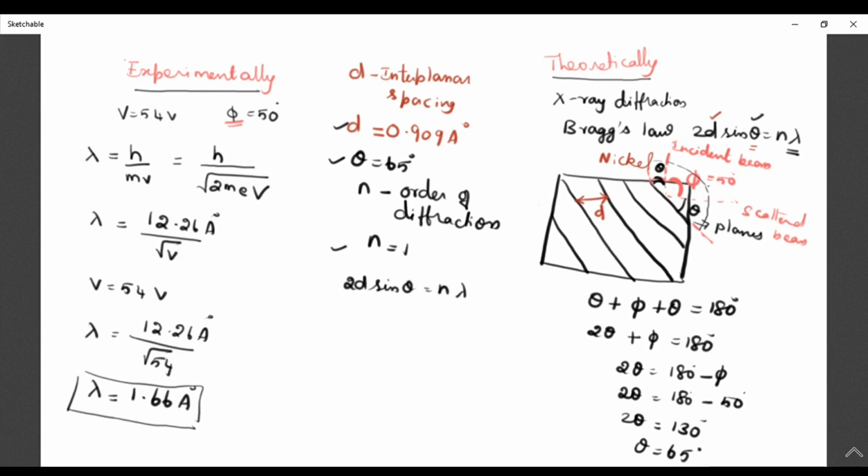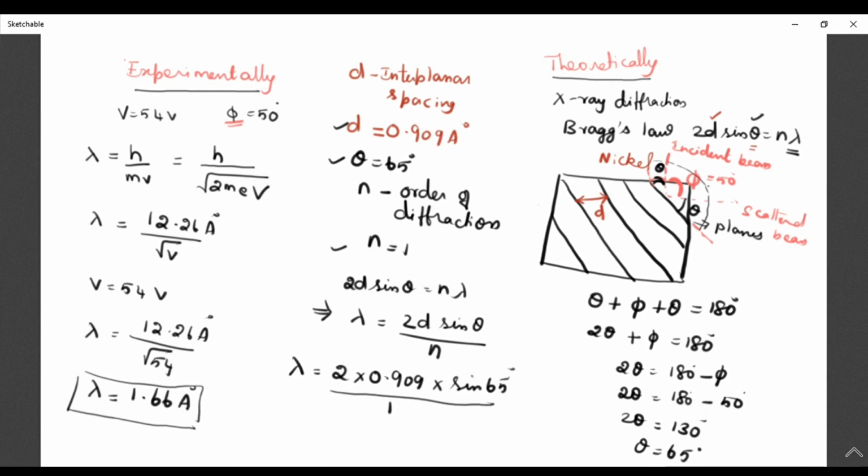From this, lambda is equal to 2d sine theta divided by n. Substituting all the values, lambda is equal to 2 into 0.909 into sine of 65 degrees divided by 1. By substituting all these, we get lambda is equal to 1.65 angstroms.